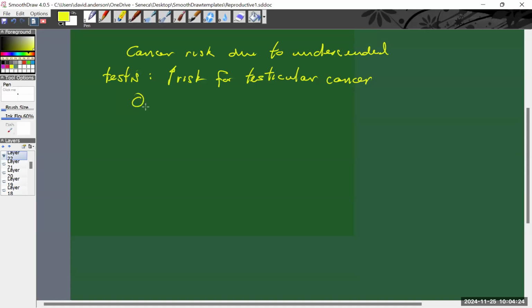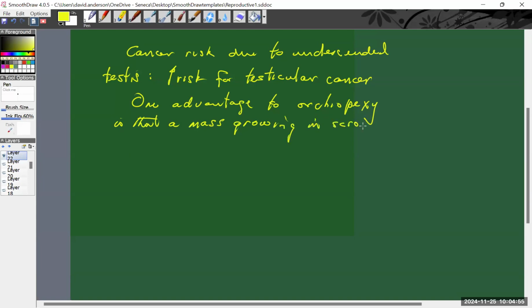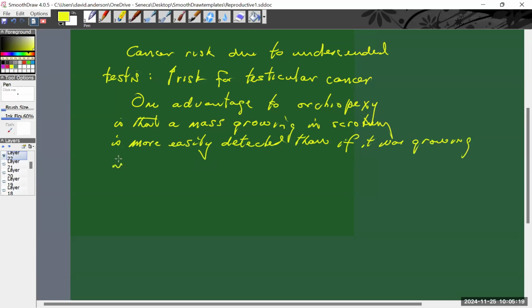So one big advantage to the surgical intervention is that even though the risk is higher, the cancerous mass that's growing in the scrotum is more easily detected than if it was growing in the pelvic cavity.